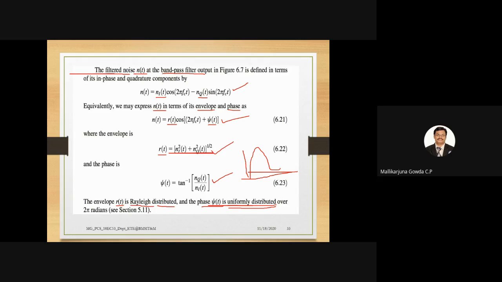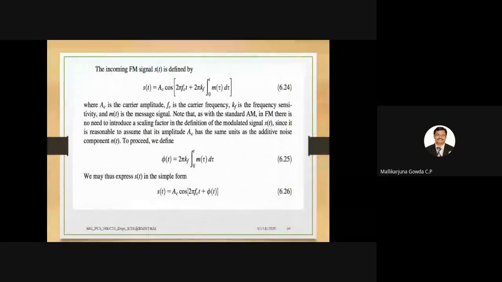I am discussing how to represent the filtered noise in terms of the in-phase component and quadrature component, which is one way, and the other way is in terms of envelope and phase. Then let us now consider the FM signal. We also know how to represent the FM signal mathematically.